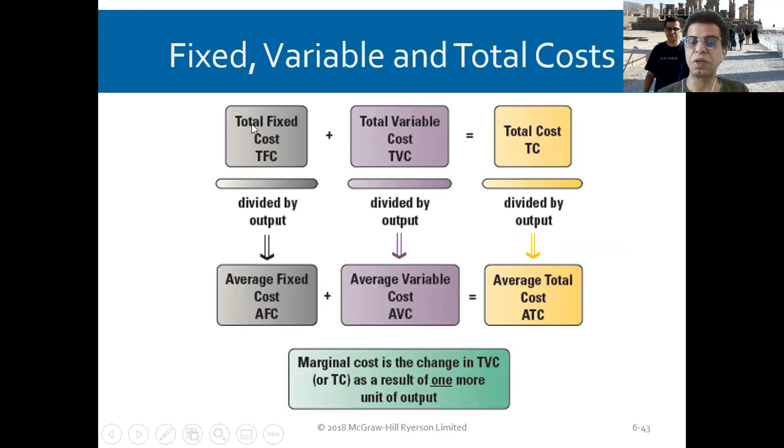And you know total fixed cost plus total variable cost results in the total cost. So the average fixed cost plus the average variable cost also results in the average total cost. The marginal cost is the change of the total variable cost, or the total cost, as a result of adding one more unit.